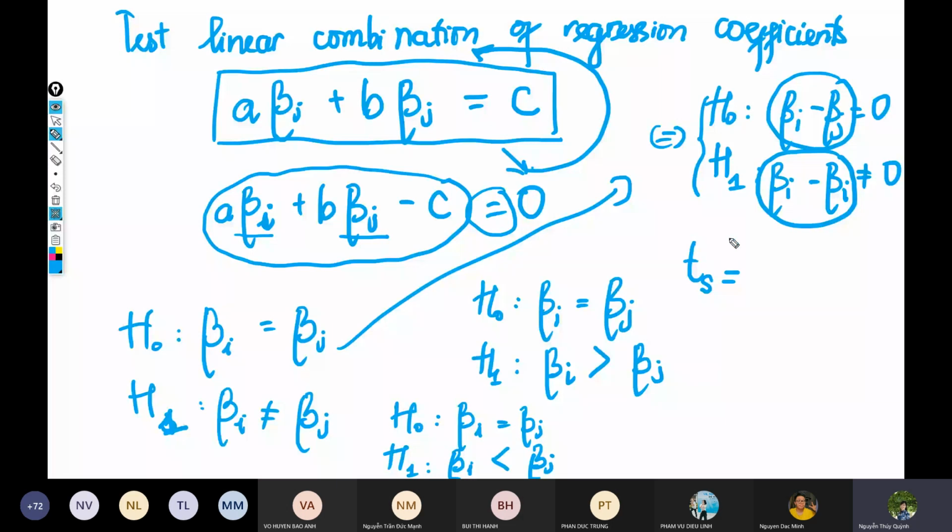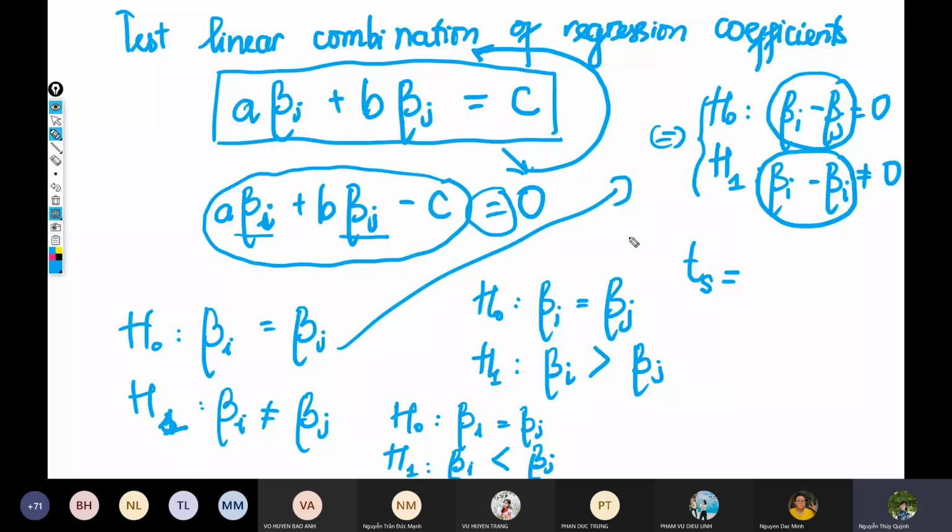We take beta j hat minus beta j star divided by the standard error of beta j hat. Correct. So we take the observed value of beta j hat minus the suspected value and divide by the standard error of beta j hat.